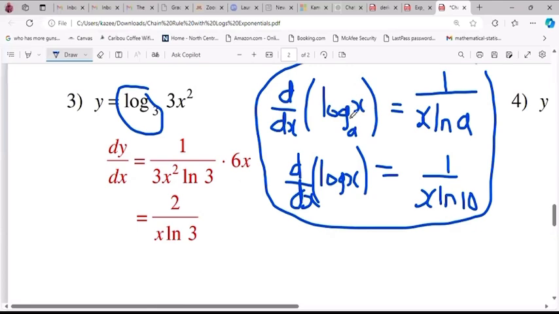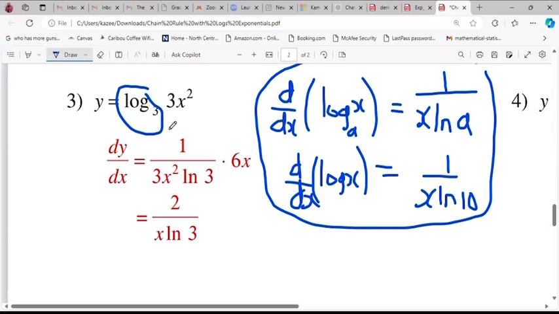The reason why we got 1 at the top is because after writing 1 over x ln a, we still need to differentiate x. Differentiating x is 1. But in this case, differentiating 3x squared is going to be 6x.